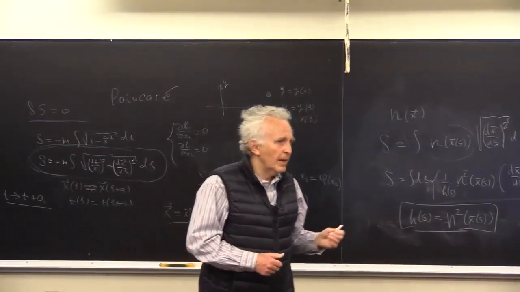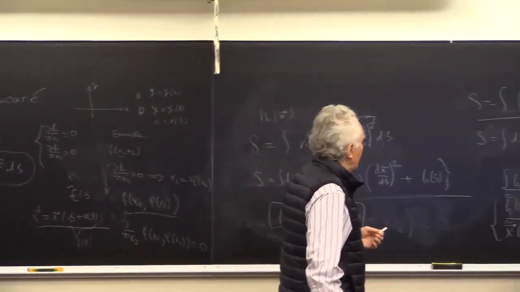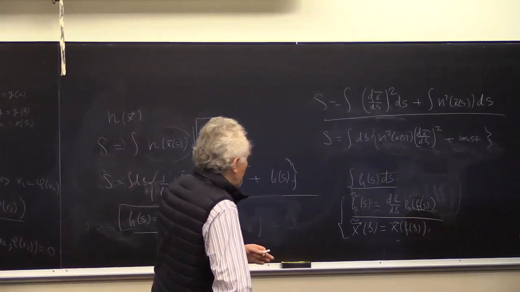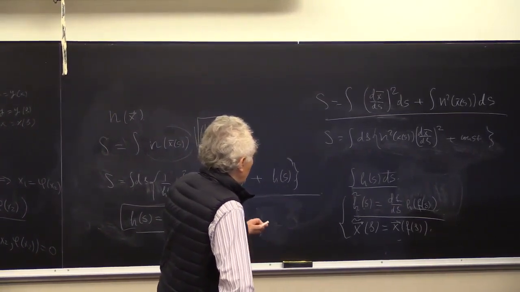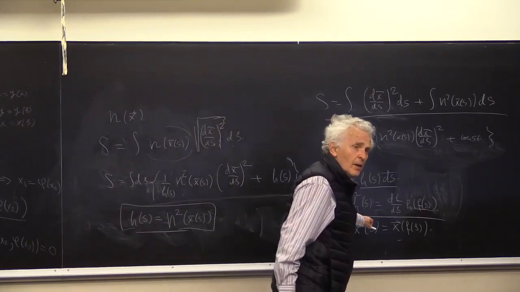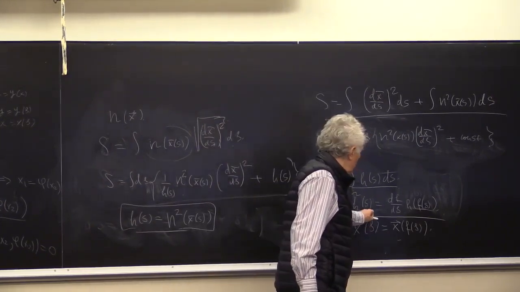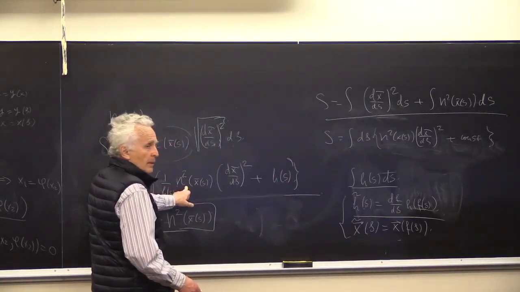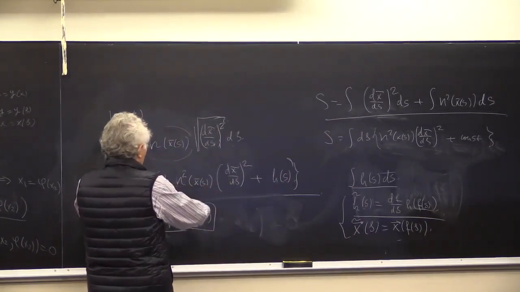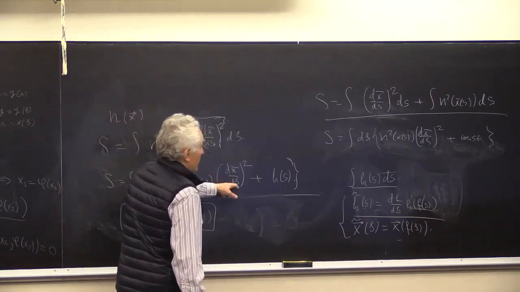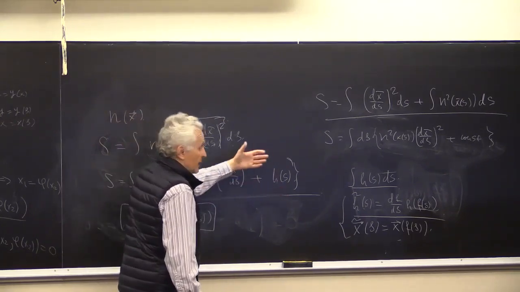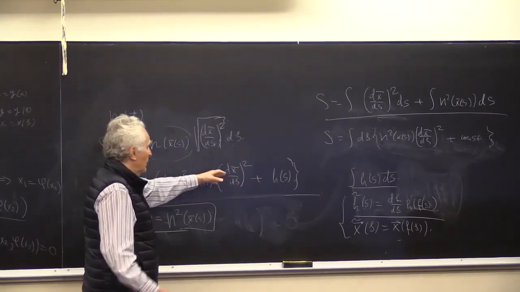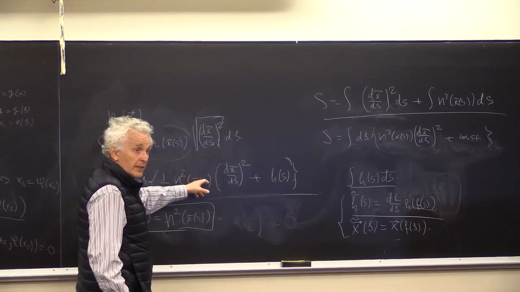I have a question. Yeah, go ahead. Are the f's identical in the two? Like, does the f of s in the x transformation have to be the same as for the h? Why? Do the two f's have to be the same? Oh, yes, of course. Because you see, if you take a different f for x and for h, then those df ds will certainly not cancel here.